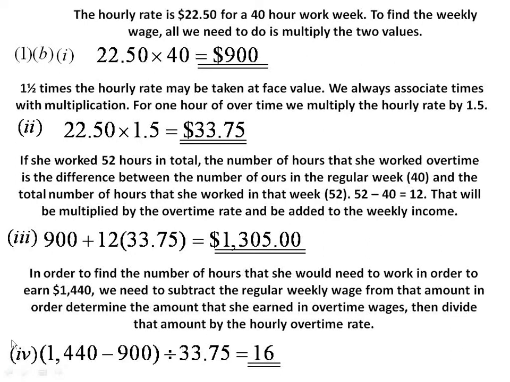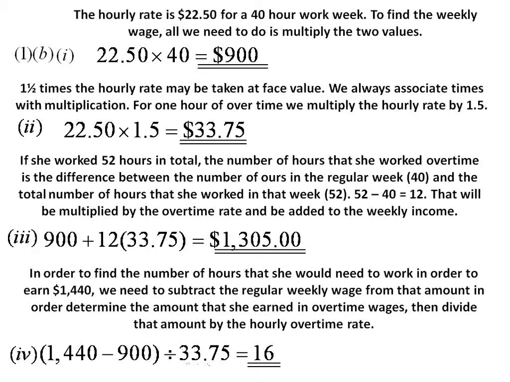So we have 1,440, which is the amount of money that she needs to work. We subtract the regular salary, and with that result we divide by the overtime rate, and that turns out to be 16 hours.